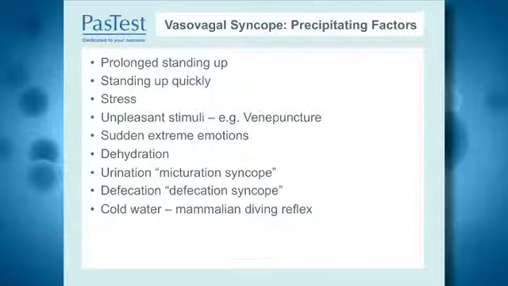These include prolonged standing up, such as the Coldstream Guards whilst on parade, standing up very quickly from sitting, stressful situations, unpleasant stimuli such as venipuncture, sudden extreme emotions, dehydration, urination, so-called micturition syncope, defecation, so-called defecation syncope, or cold water, the so-called mammalian diving reflex.